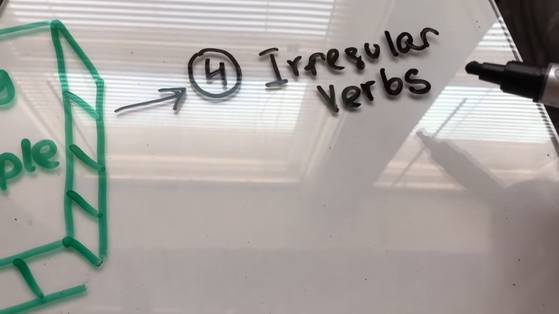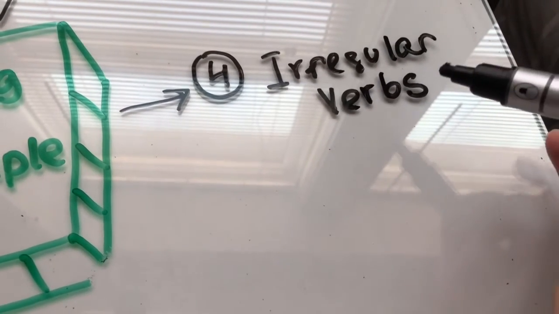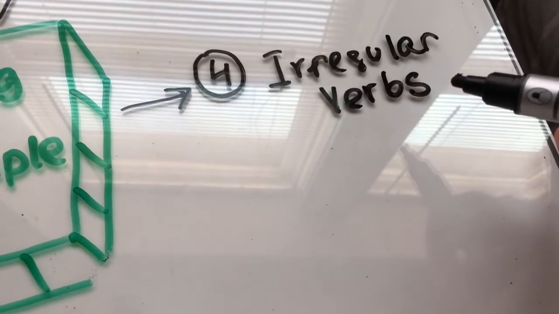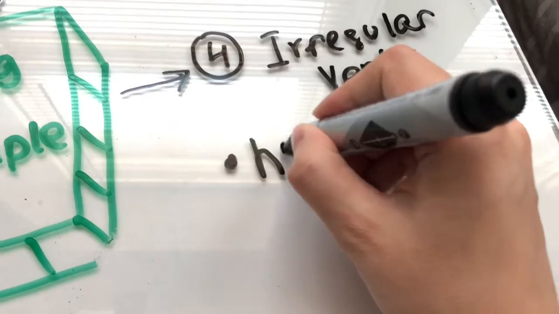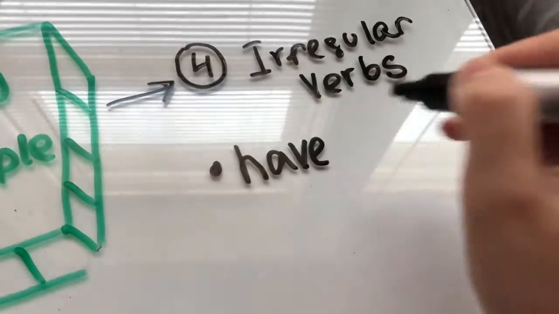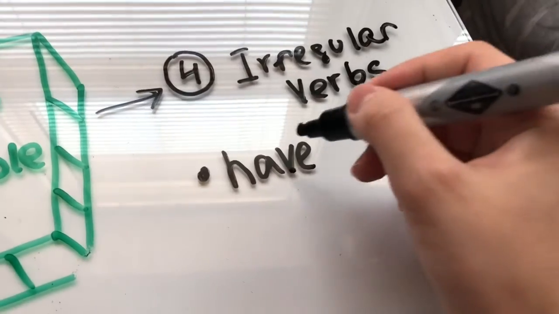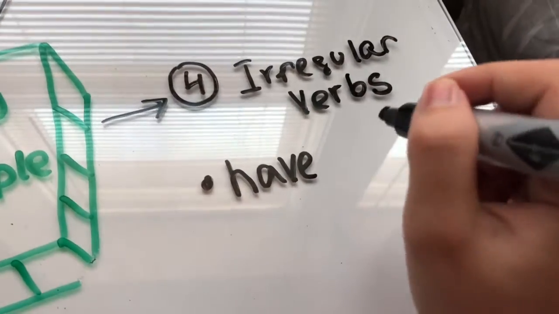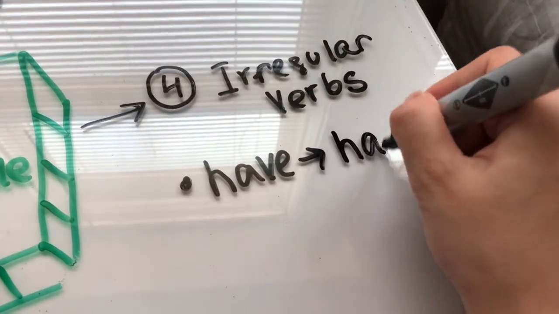Instead, they have their own unique forms, and those you have to simply remember. You need to memorize them. For example, have is an irregular verb. I have, they have, we have, but he, she, and it has.